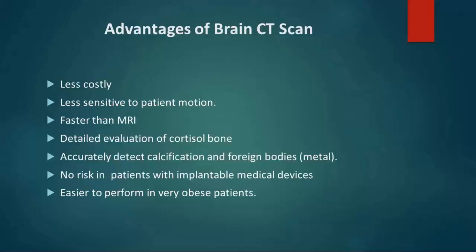So if a depressed patient or a demented patient is asked to take a CT scan, and they move or fidget within the X-ray machine, the CT scan can still be done. It's also faster than the MRI, it gives a detailed evaluation of the cortical bone, and it accurately detects calcification and foreign bodies in the human brain.